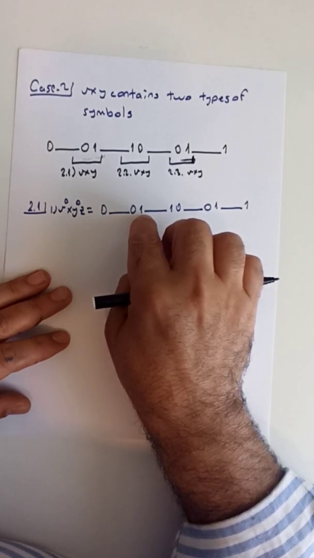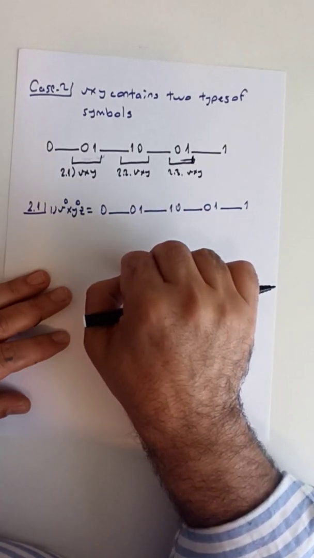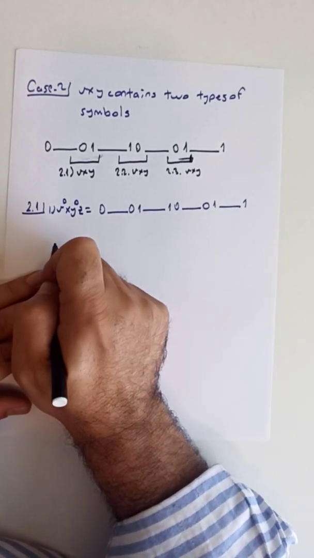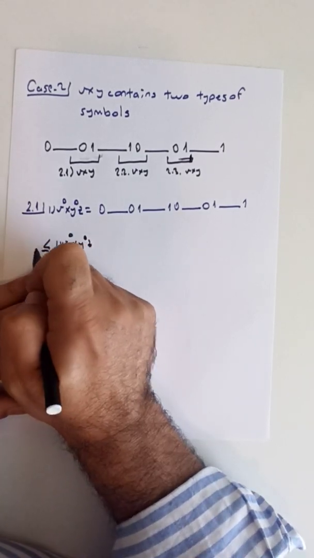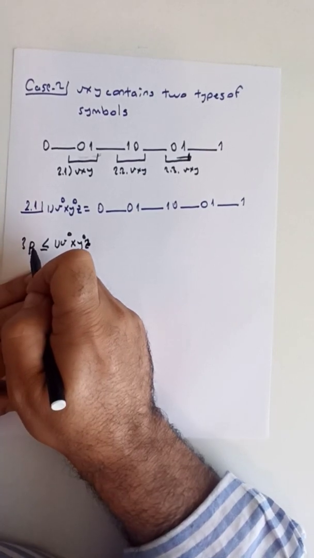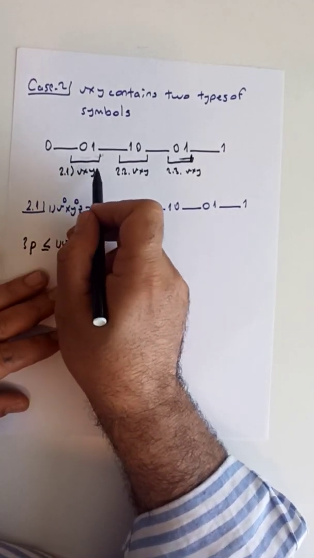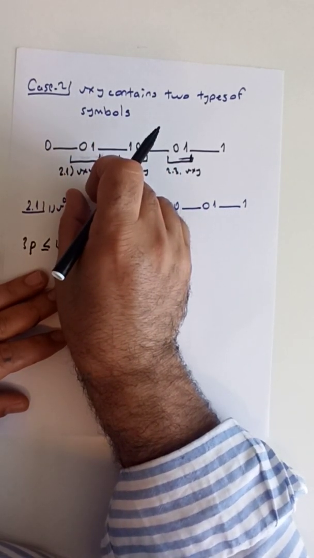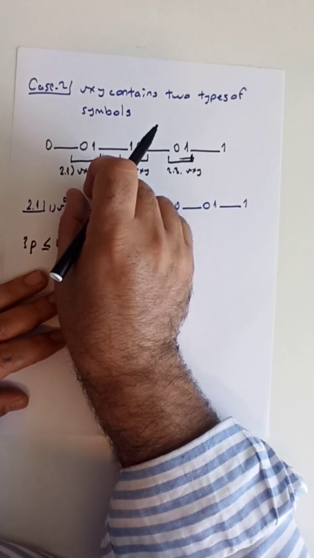And again, the length of this new string will be at least 3p and at most 4p. So the length of uv to the 0, xy to the 0, z is greater than or equal to 3p. This is true since, due to condition 3 of our pumping lemma, the length of vxy altogether is at most p. If we remove that part from the original string, we are removing at most p symbols.